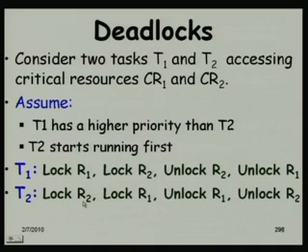T2 locks, let us say, resource R2, it started executing, locked R2, and at that time T1 started executing, preempted T2 from CPU use, and locked R1. And then after some computation, it tried to lock R2, but R2 is the lock being held by T2 and it will block for T2, right, and T2's priority will be raised to that of T1 through the inheritance clause.